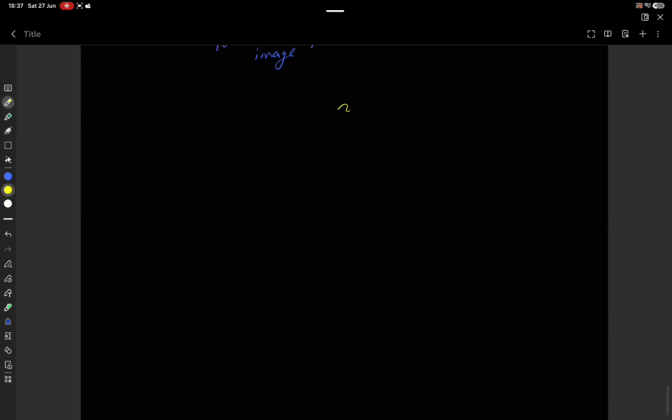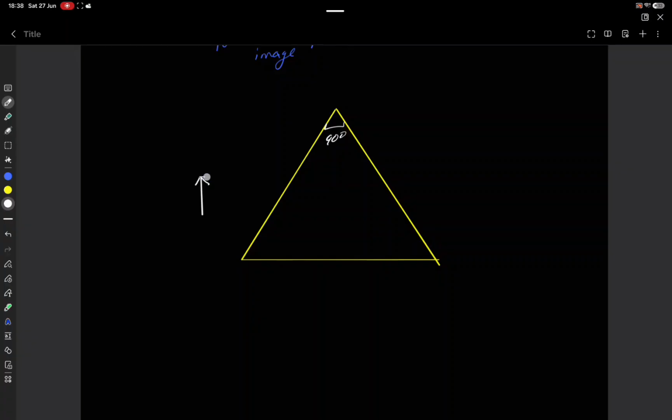Another example of the path of the ray. So this one is the 90-degree. So if we have A, what will happen?